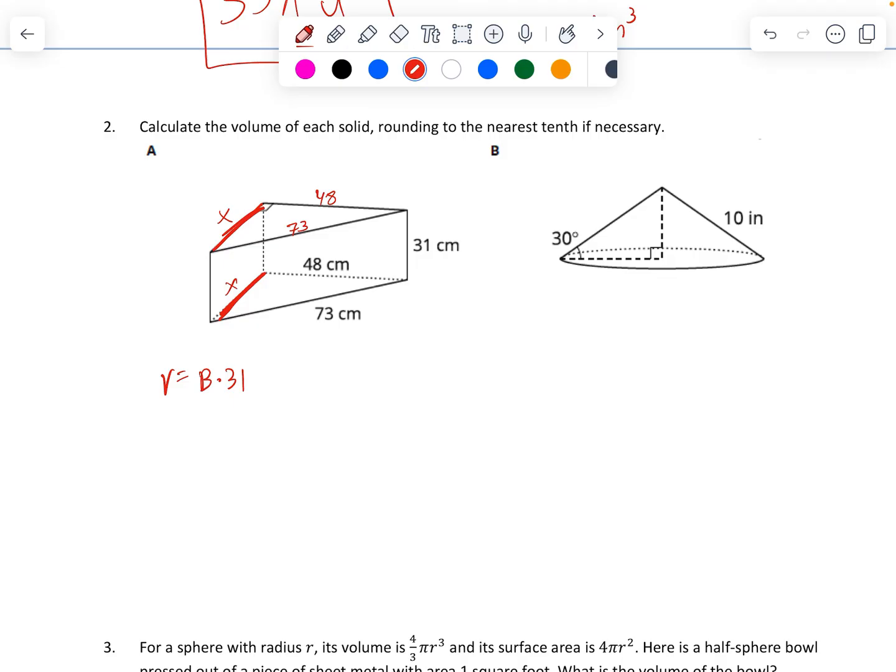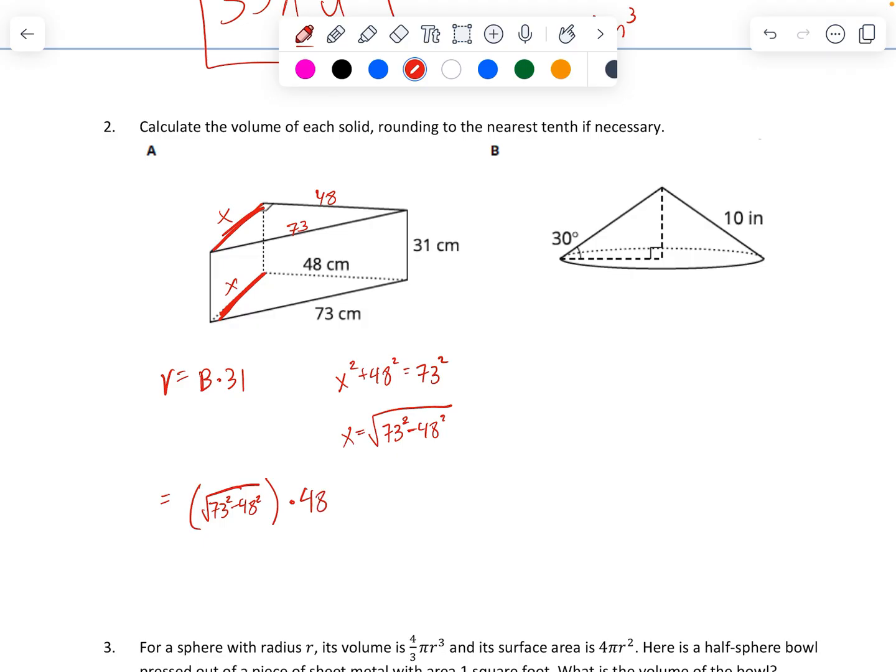So we know that x squared plus 48 squared equals 73 squared. So x is, if we subtract 73 squared minus 48 squared, and then take the square root of it, that will give you x. Okay, so the volume will be the square root of 73 squared minus 48 squared, times 48.